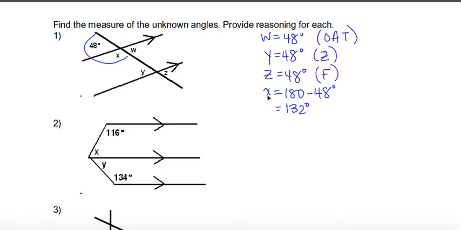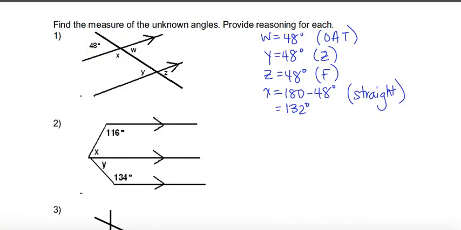And I found X by looking at angles on a straight line. So these are the reasons or the explanations for my angle measurements. It's very important when you're doing these questions that you not only state what the angle is, but you tell me how you found that angle so I can verify that you are thinking about these in a manner that relates to our angle properties.